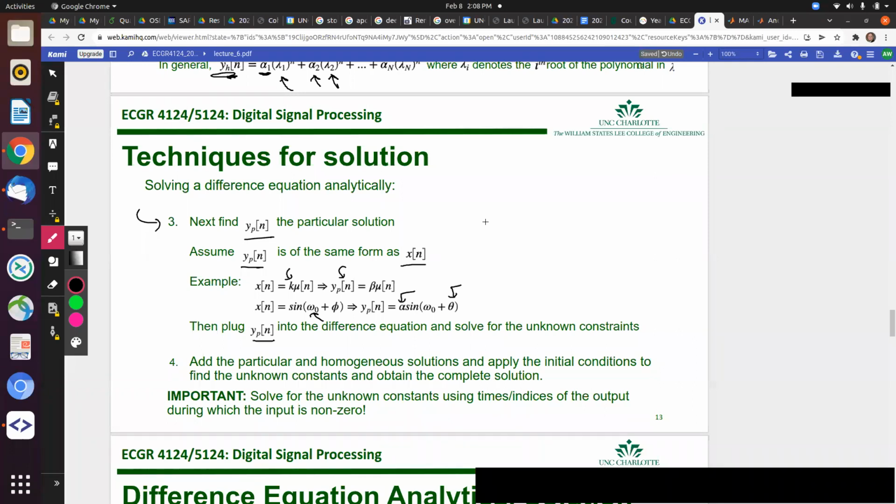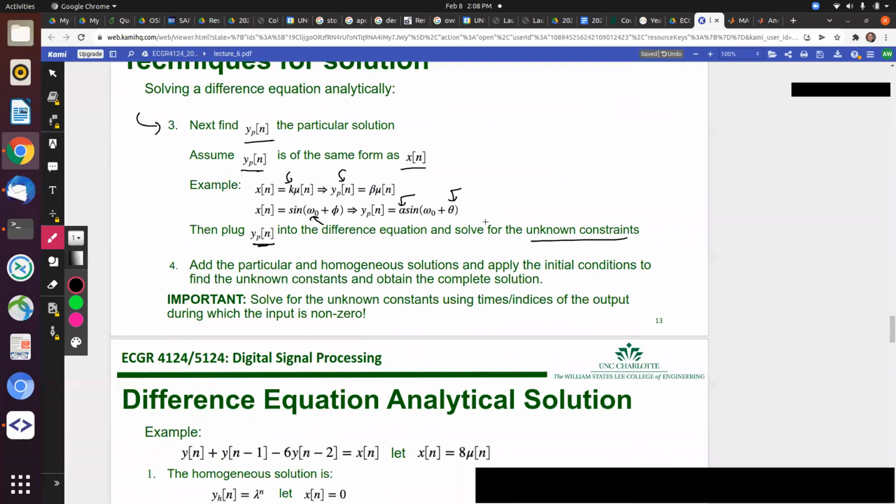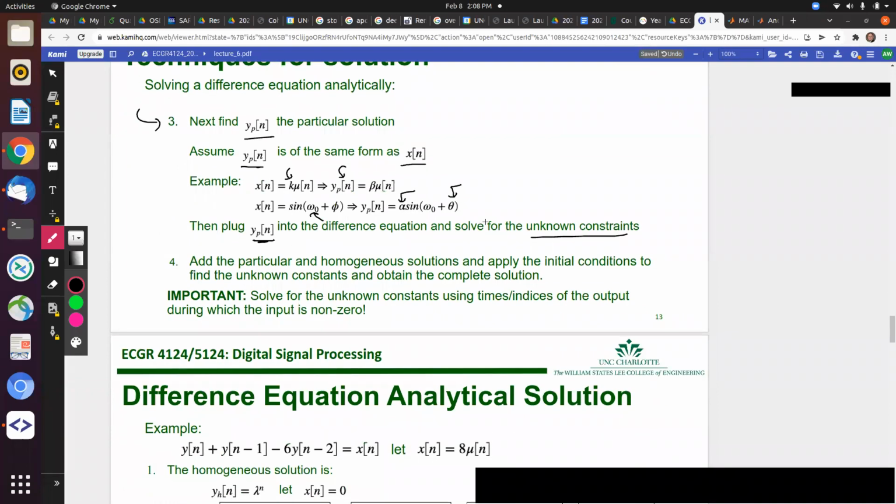Then you take your particular solution and plug it back into the equation, and you solve for the unknown constants. You'll solve for beta in this case, or alpha and theta in the other case. You solve for the things that define the particular solution.